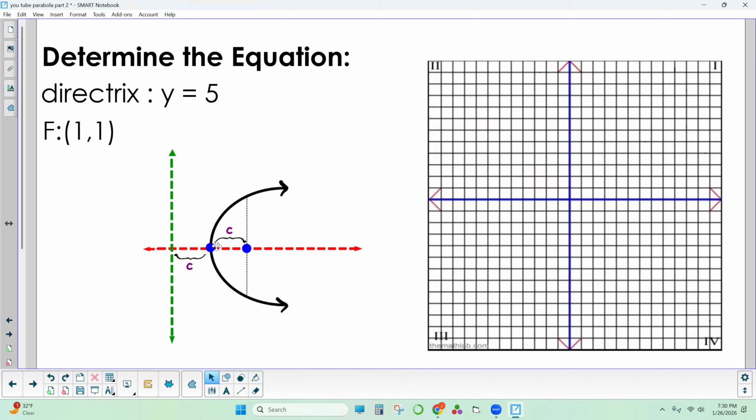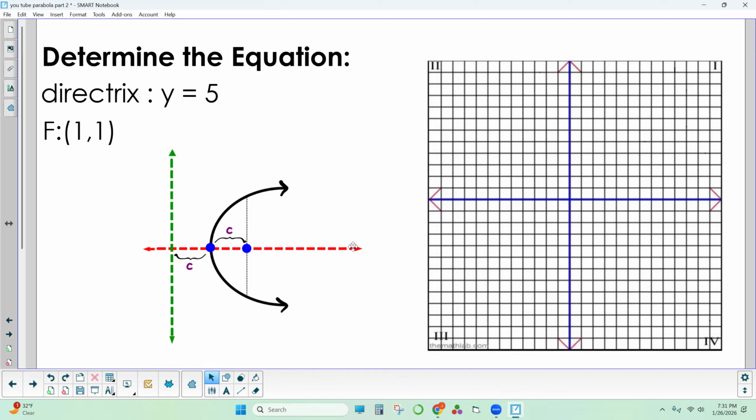Okay, so we've got a vertex inside the parabola. We have a focus, okay? And that focus is c distance away from the vertex. And if you go the other direction outside of the parabola, that same c distance, you have a vertical line, which is called the directrix.